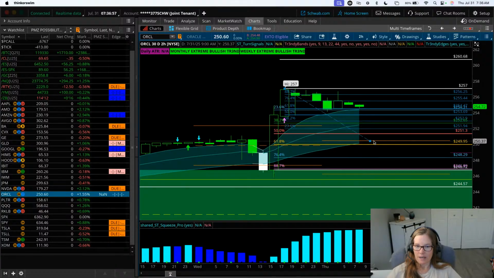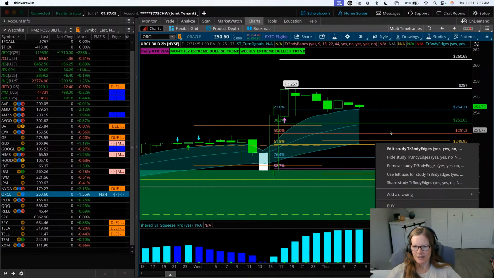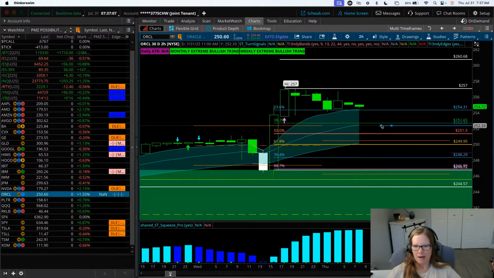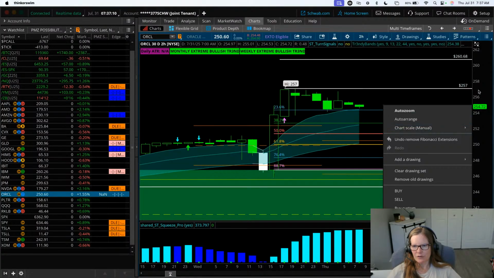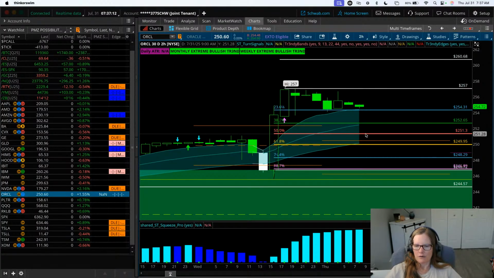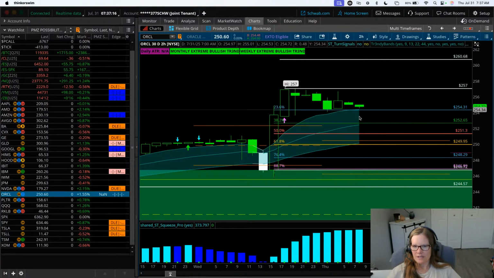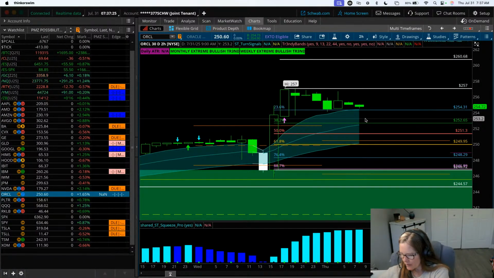So that 38.2, which would be my first target, is going to be approximately $253. So you got about $1.72 to $2 of reward. You have about $1.40 of risk. This zone would be better to get a dip buy in and it hold, but you never know. I will jot Oracle down and then make my decision afterwards.